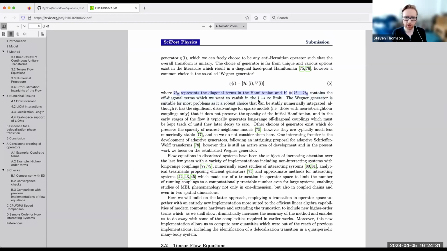It's what you choose to be diagonal. So for me, H naught is anything that is a product of number operators, and V is anything that has C dagger_i C_j type terms where a particle might move from one site to another.